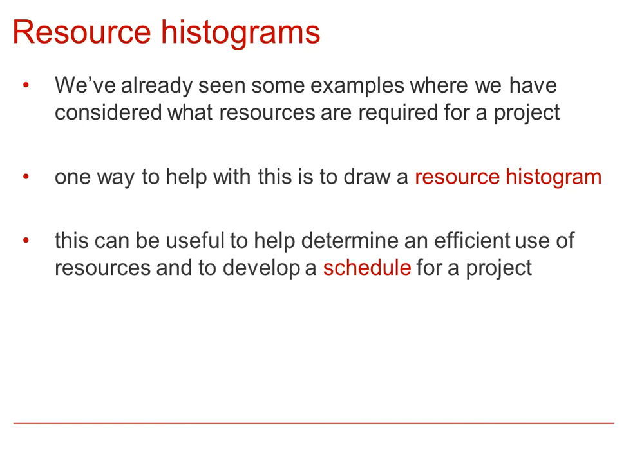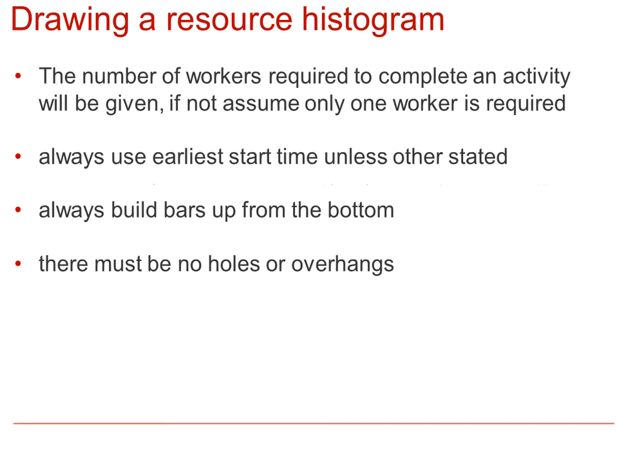We've already seen some examples where we have considered what resources are required for a project, generally people. One way to help with this is to draw a resource histogram, and this can be useful to help determine efficient use of resources and to then develop a schedule for a project. Sometimes the number of workers required for an activity is given in brackets in the cascade chart.